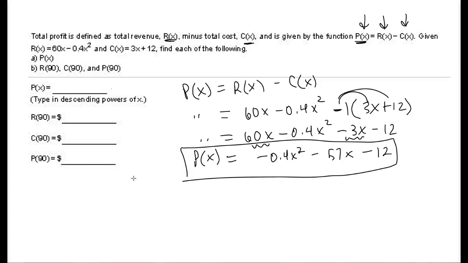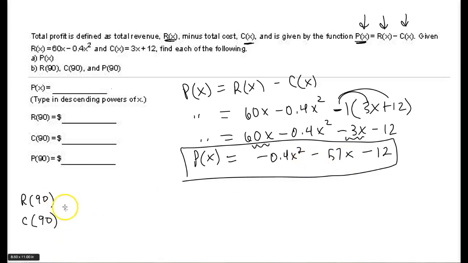Now, what we're asked to do is to figure out what is going to be the revenue when x is 90, the cost when x is 90, and the profit when x is 90. Now, if you remember, if we figure out what r of 90 is, and we figure out what c of 90 is, we don't have to necessarily plug in 90 into x here and here to figure out what it is.